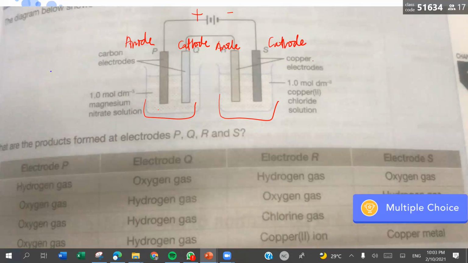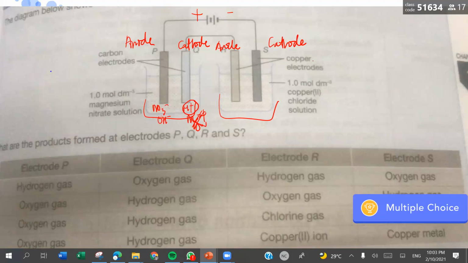Since the left one is anode, the ions that move to the anode are nitrate and hydroxide ions, and the ones that move to the cathode are hydrogen ions and magnesium ions. Okay. And hydrogen is more positive than magnesium, because cathode they always want the more positive, so that's why hydrogen is discharged at the cathode.